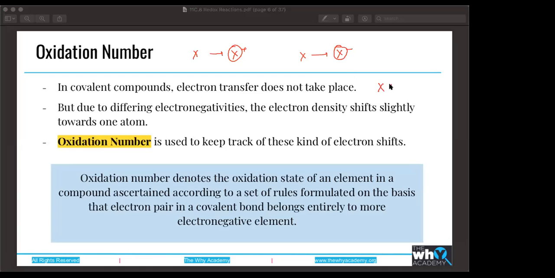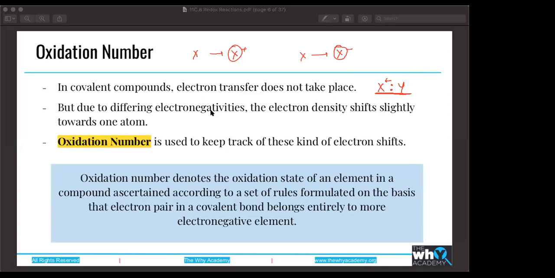Electrons are being shared between two different atoms. It's not like they're completely shifting to one atom or the other. Of course, depending on the electronegativities, there is a shift of electrons, but at the end of the day, they are still being shared between both atoms. Both the electrons belong to X as well as Y.